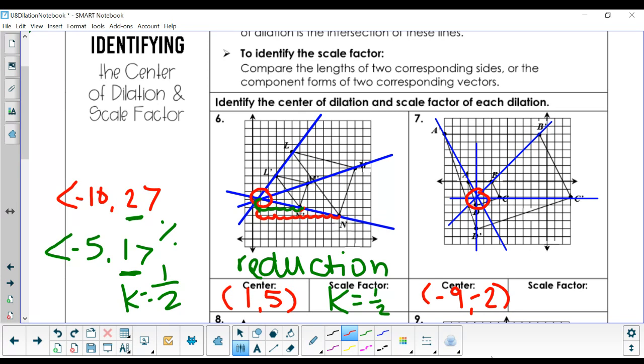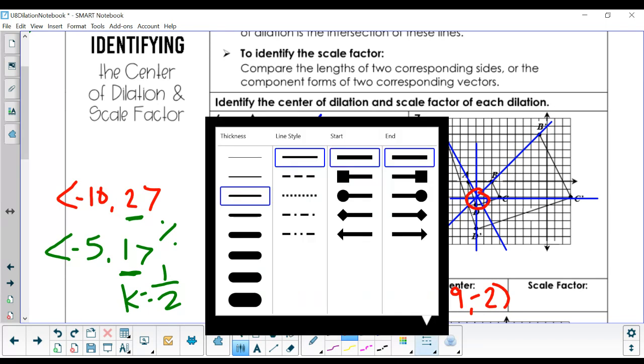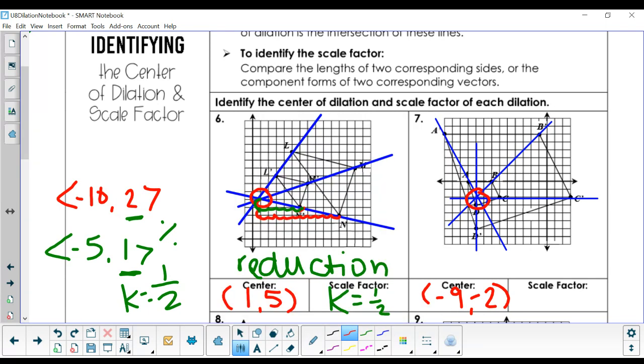We go 1 to the left. And I go up 1 and 2. Okay, so that is my distance from my center of dilation to point A.